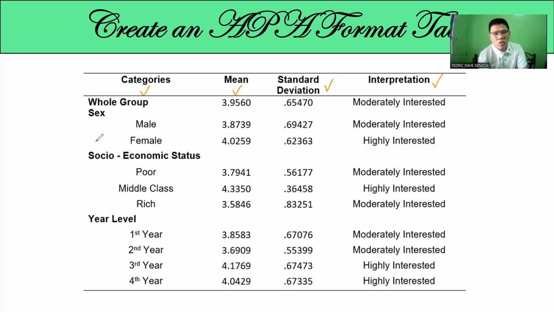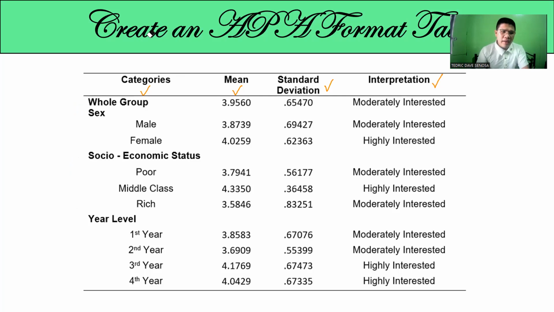So the first thing that we need to do in the first row is the whole group first. And then the next ones will be the categories that we need to answer in our research question number 1: sex, socioeconomic status, and year level.